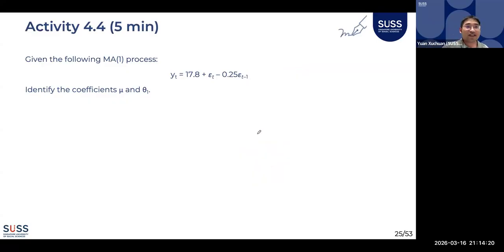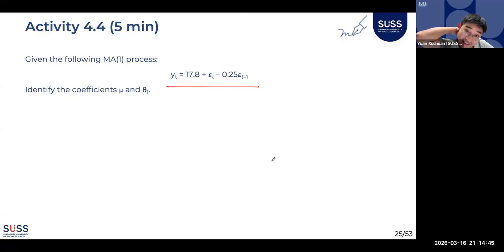Okay. So let's look at this. Just tell me what is mu, what is theta 1 in this example. It should be very straightforward, right? What is mu in this MA1 process?